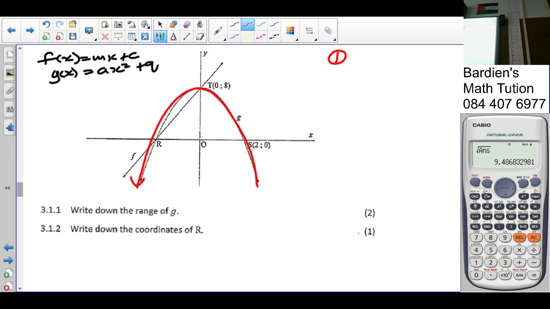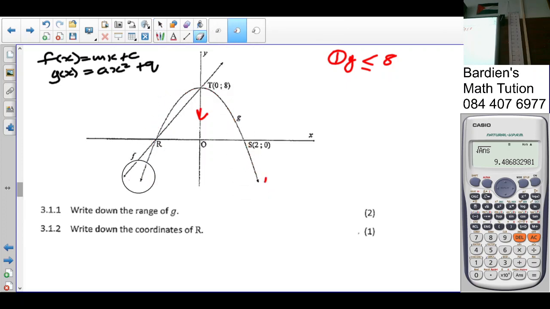Yes, because as you can see, the graph is going all the way down to negative infinity. Where does the graph stop existing? At 8. So it's 8 downwards. It's a y value, so it has to be y less than 8. Does the graph exist at 8? Yes. So it has to be equal as well. The range is y less than or equal to 8.